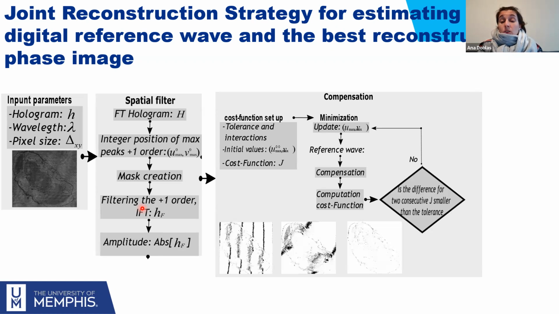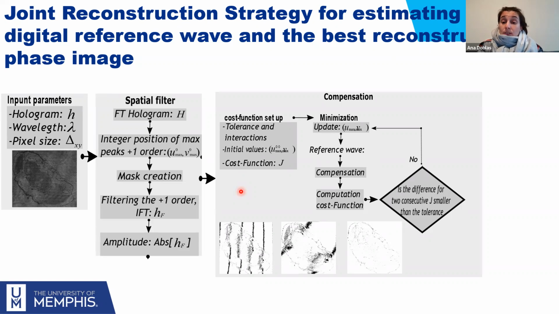We see what the value was compared with before, have we improved, yes or no? If it's no, we keep changing. If it's yes, we keep changing until there is convergence. And here is some kind of result that we're going to have with the binary image through the cost function for every step.